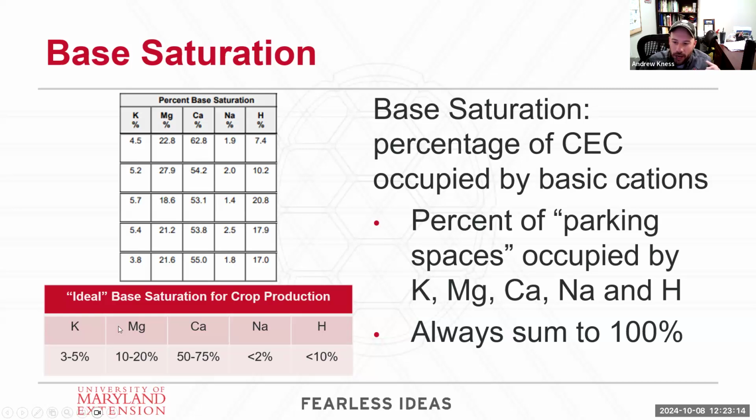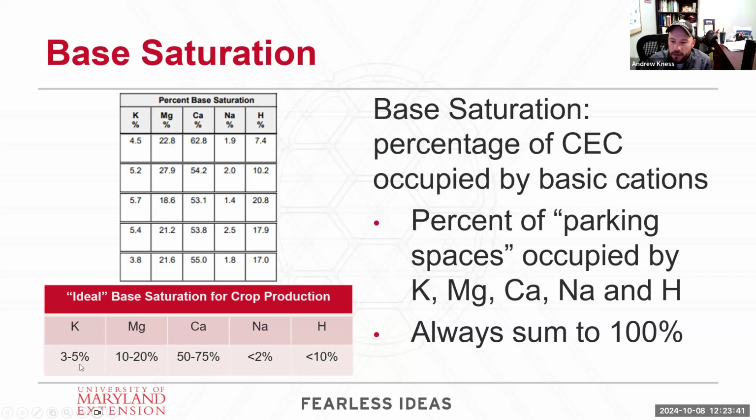If you lime with magnesium carbonate, you're going to bump up your magnesium base saturation. And if you fertilize with potash or potassium-based fertilizers, you're going to bump up your potassium base saturation. I just reference this table sometimes when I'm looking at soils; those are some base numbers to strive for.